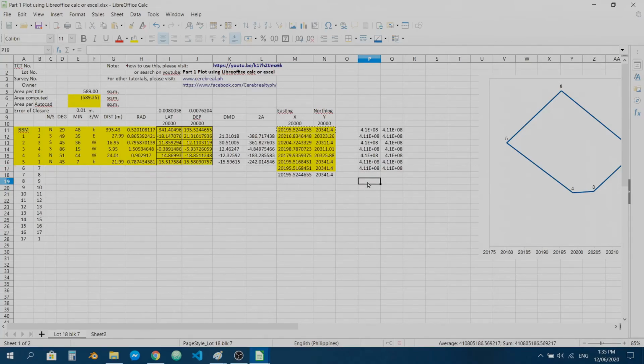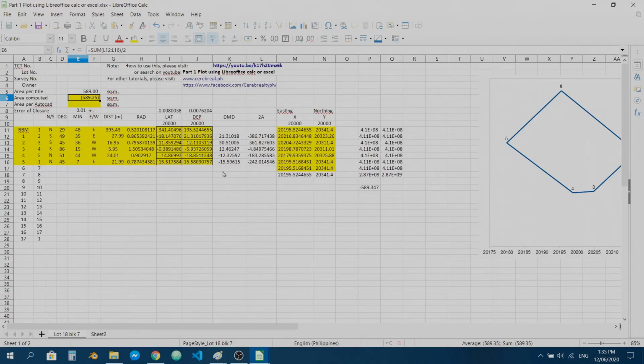Here I just need to sum up. Then we sum this column also, take the difference, and divide the difference by 2. So you can see this one is just the same as that one.